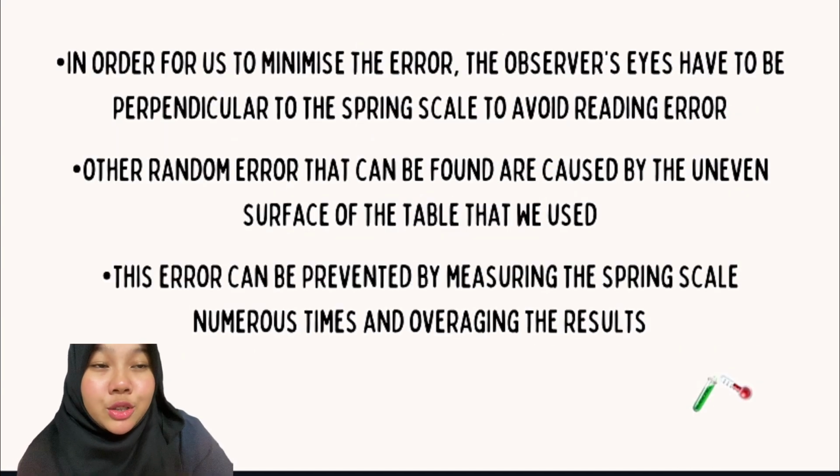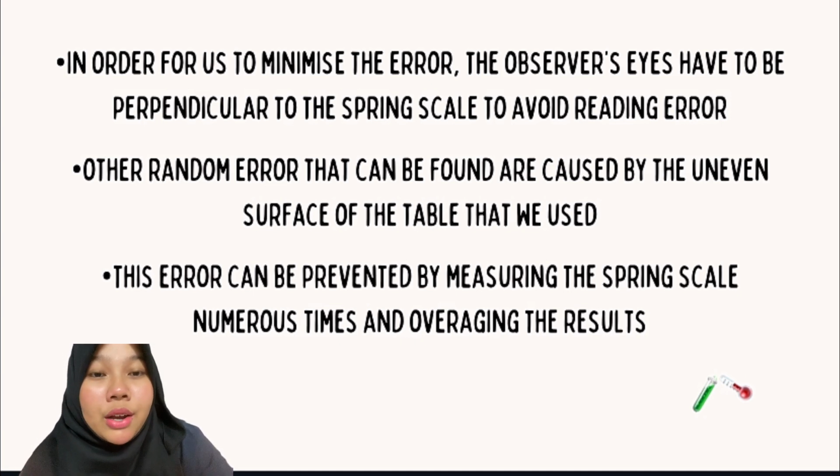In order to minimize the error, the observer's eyes have to be perpendicular to the spring scale to avoid reading error. Other random errors are caused by the uneven surface of the table that we used. This error can be prevented by measuring the spring scale numerous times and averaging the results.